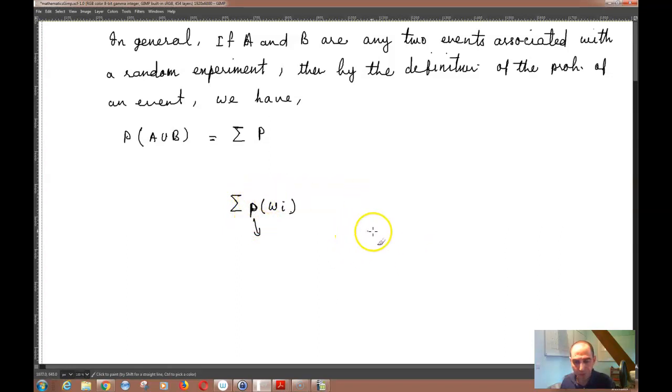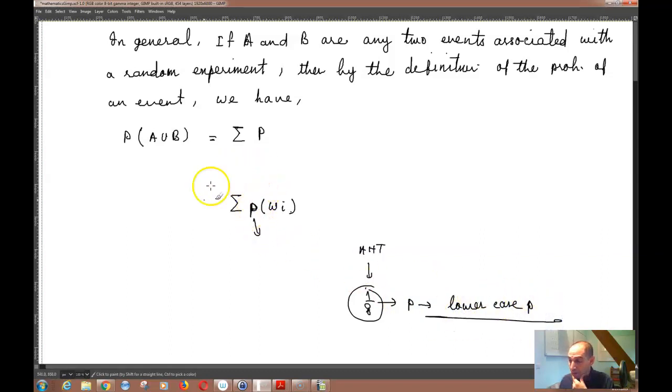For example, if there is some outcome, for example HHT, you give it some probability, for example 1/8 or whatever, then this probability you can denote as lowercase p. But I'm not sure what they mean by this here, so let's see what they actually mean.